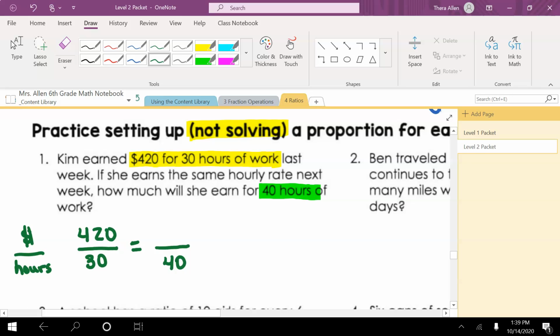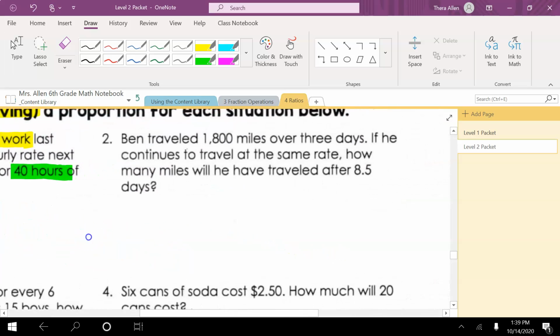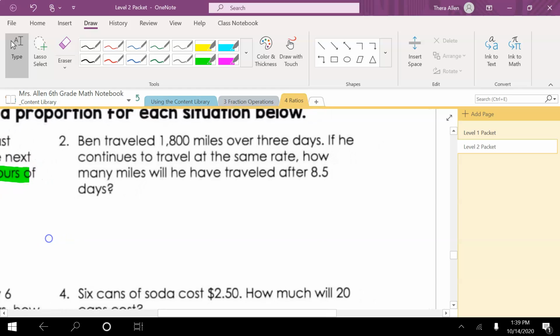If you notice, it says how much. Well, much is talking about the money. How much will she earn? And I do not know, so I need to put a variable there. And I'm going to just use the variable x this time. And we are not solving the proportion. We're just setting it up. And this is how you would set up this proportion. Let's move on to the next problem.